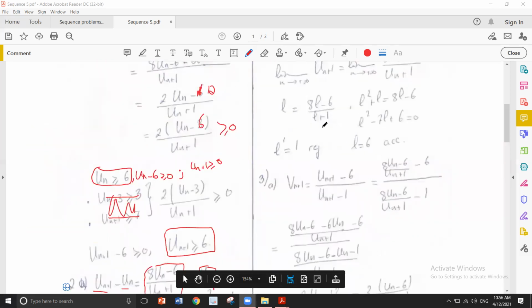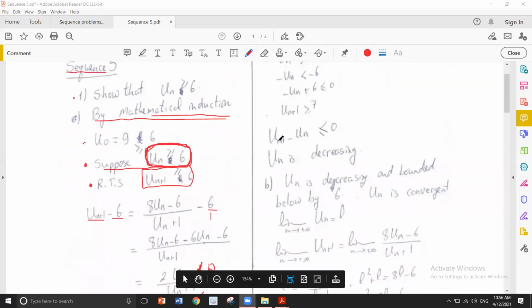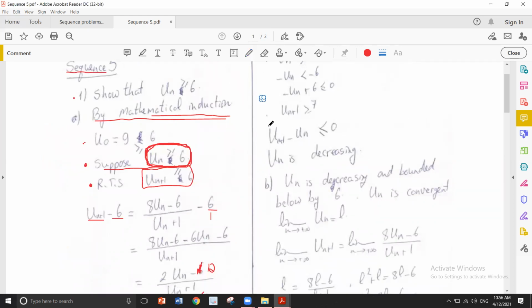So here un plus 1 minus un is negative. Then un is decreasing.